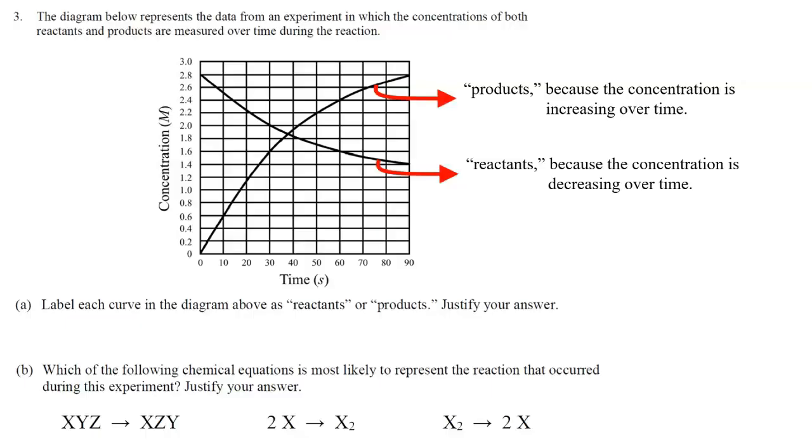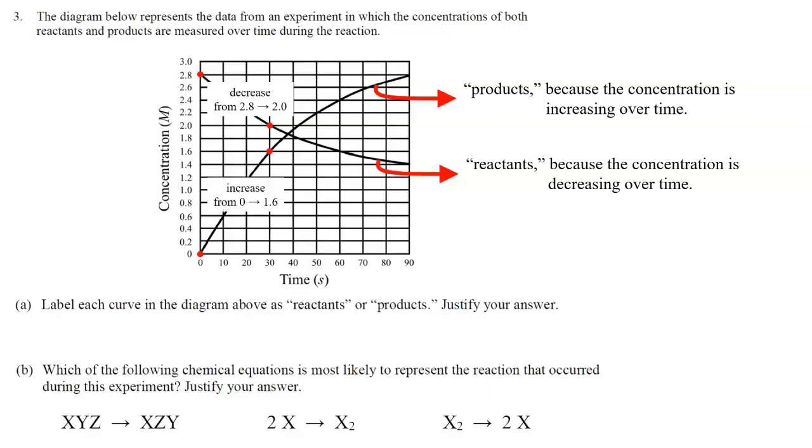But hopefully you can see by the general shape of these two curves that the concentrations are not changing at the same rate. For the reactants, in a 30-second time interval, the concentration changes from 2.8 to 2.0. That's a decrease of 0.8. Whereas in that same time interval, the product concentration changes from 0 to 1.6.